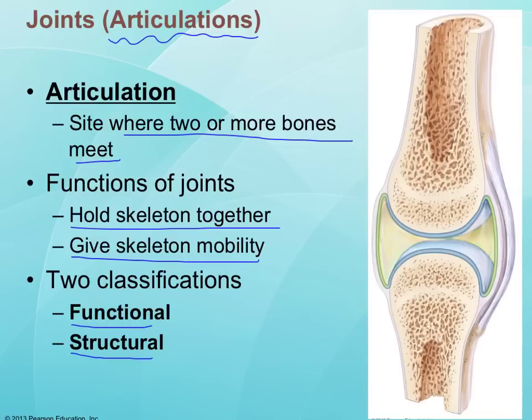So what is the joint's function again? A joint's function is to hold the skeleton and to give the skeleton mobility. Correspondingly, the functional classification is based on joint mobility here.